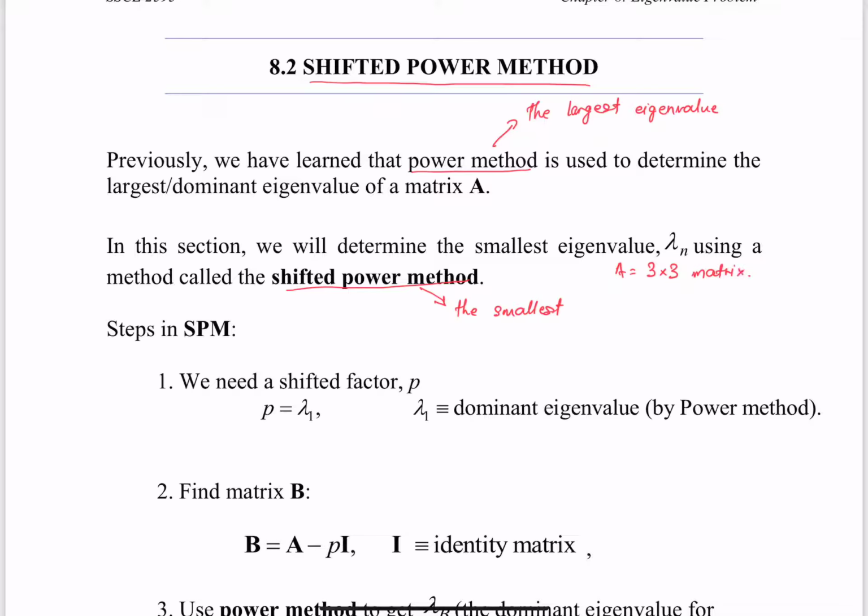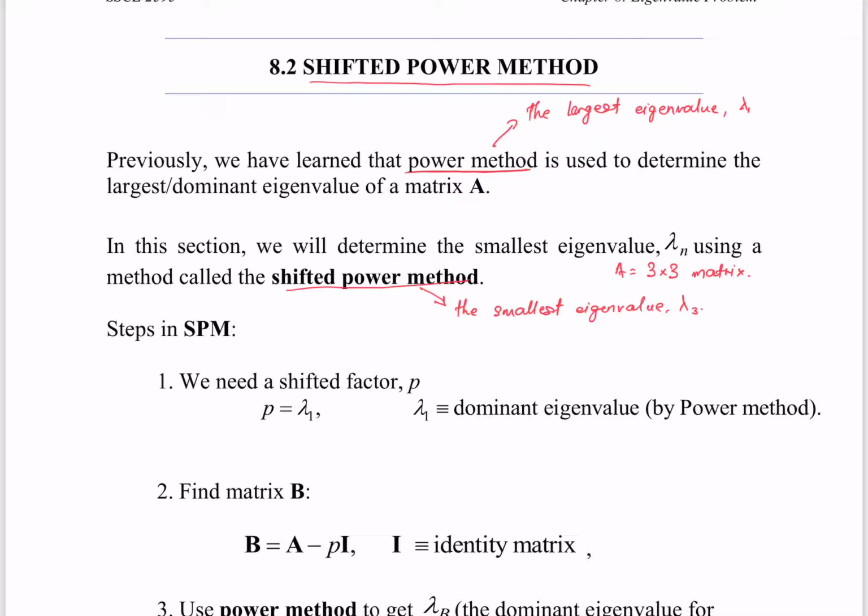By using the power method, we can get the largest eigenvalue, let's say it is lambda 1, while for the shifted power method, we can get the smallest eigenvalue, let's say it is lambda 3.